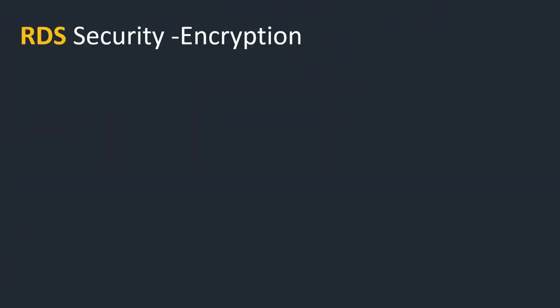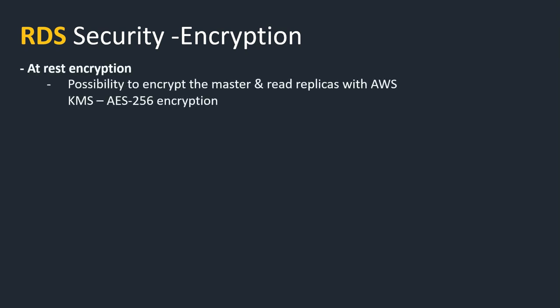Now let's talk about RDS security, and the first topic I want to talk about is encryption. So we have at-rest encryption, which is data that's not in movement, and there is the possibility to encrypt the master database and the read replicas using AWS KMS, which is the Key Management Service of AWS, using AES-256 encryption.